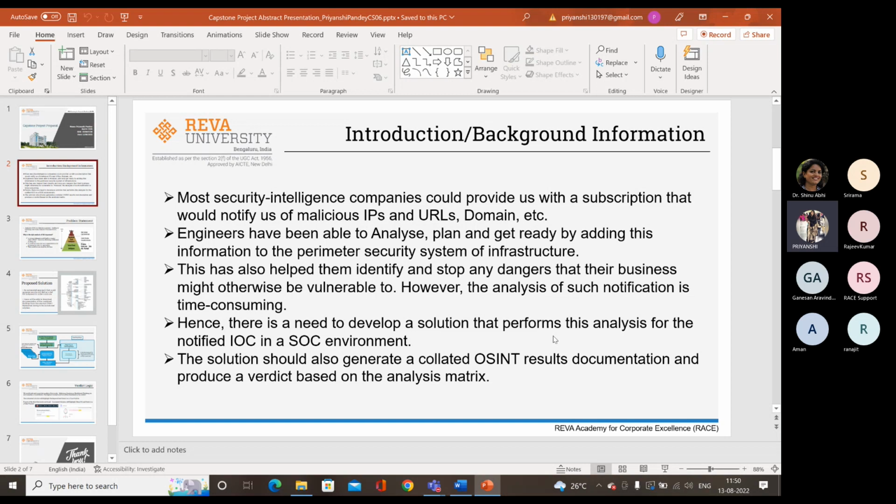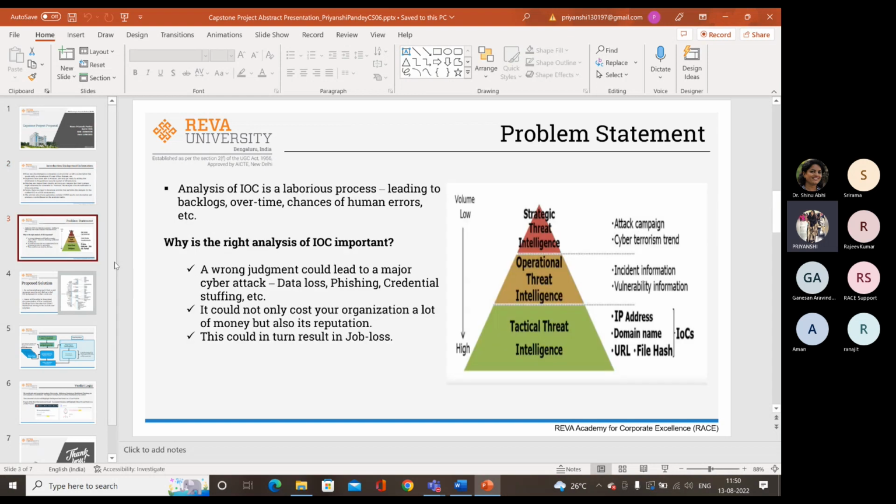Based on that we give a verdict, whether it's true positive, false positive, or whether the IP is malicious, not malicious, etc. Moving on, the problem statement I've stated here is that analysis of IOC is a laborious process, so it leads to a lot of backlogs over time and chances of human error. Looking at the diagram here, we are targeting the tactical threat intelligence, that is IP address, domain name, URL, and file hashes as part of IOCs.